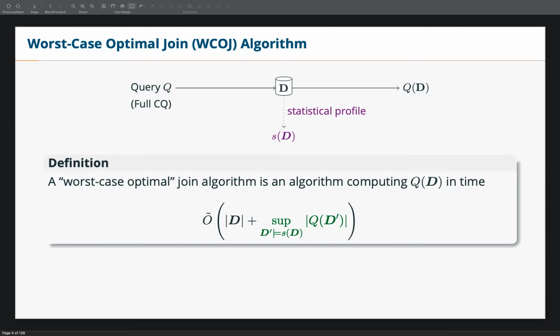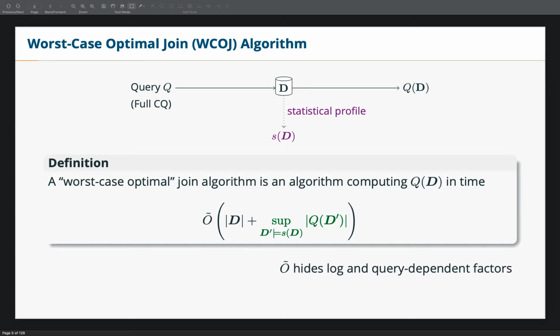But we allow, in the very worst case, of all the databases that we haven't looked into, if they have exactly the same profile, let's say the same cardinalities, the same histogram information or whatever, we take that. So the notion is basically saying that there exists at least one database for which you have to spend as much time. So that's what it's optimizing.